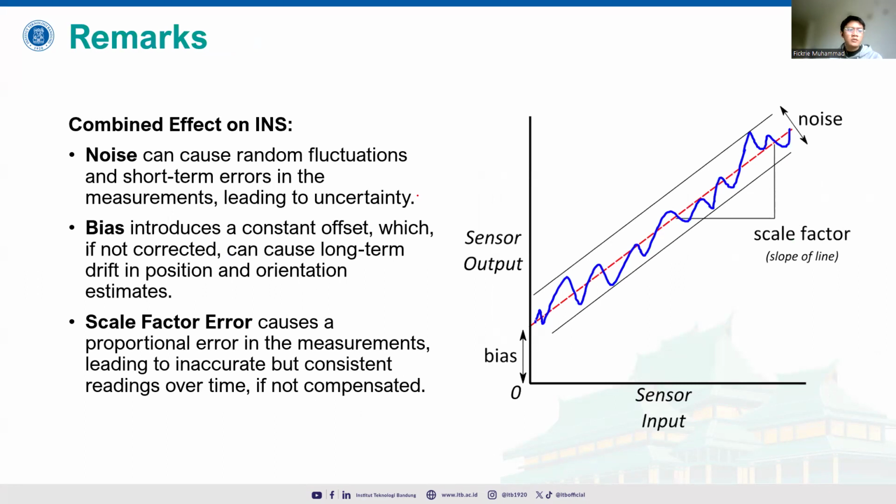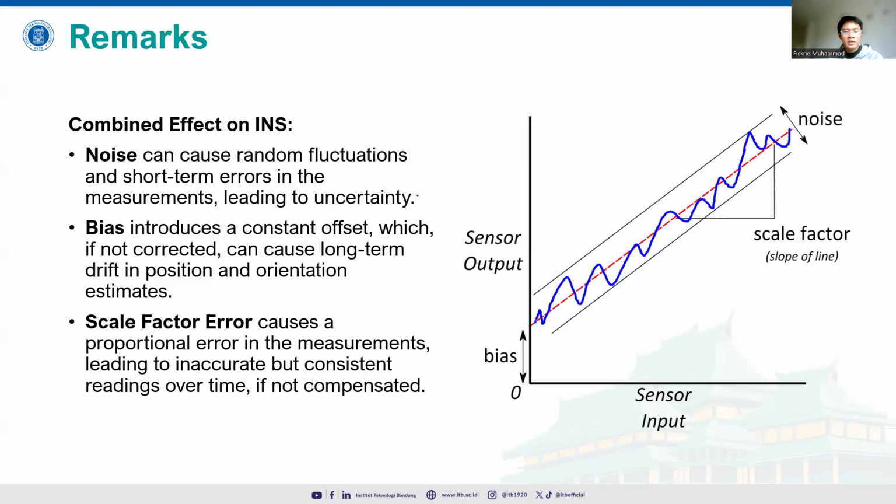So the remarks: the effect of the noise, of course, can cause random fluctuations and short-term errors in the measurement, leading to uncertainty. The bias introduces constant offsets, which, if not corrected, can cause long-term drift in position and orientation estimations.